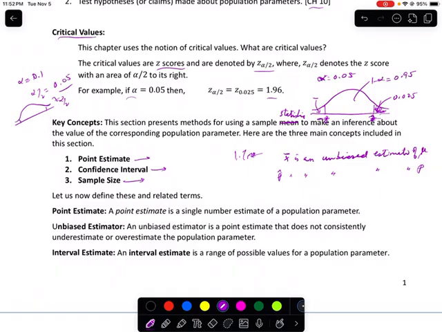And in the same way for P, for the proportion, the sample proportion will be the best estimator of the population proportion.